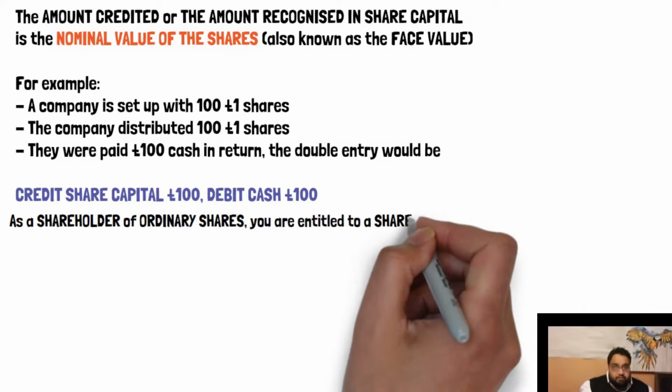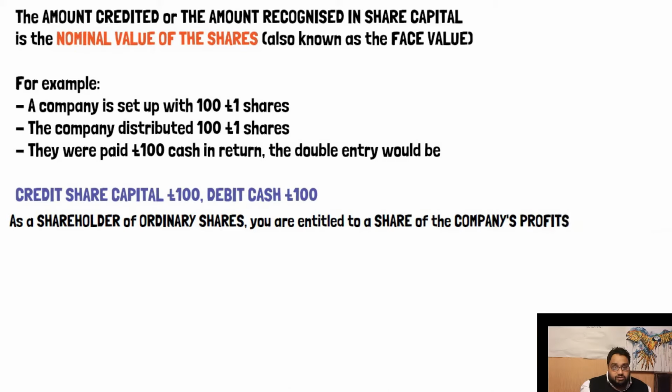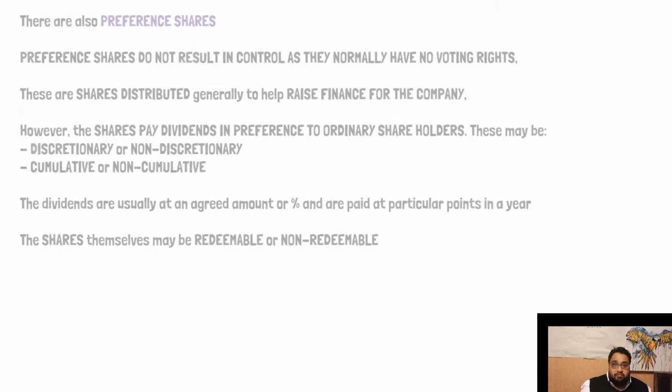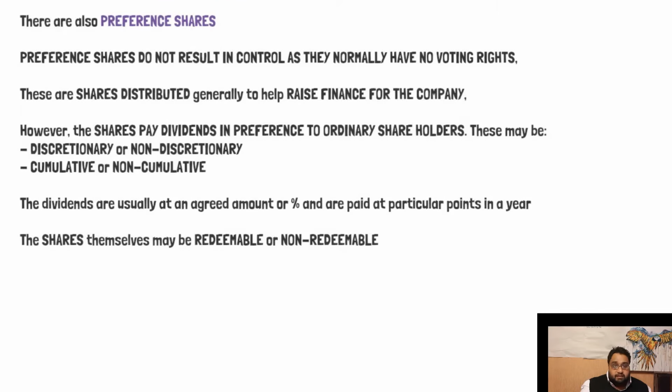So just remember, for ordinary shares, a shareholder owns a share of the company and is owed a share of the total profits that that company makes. In addition to ordinary shares, there are also preference shares.